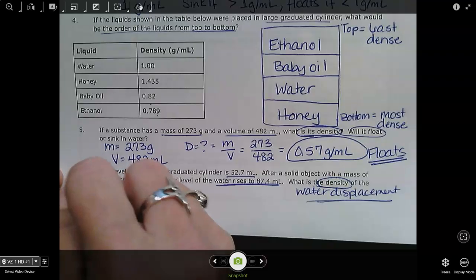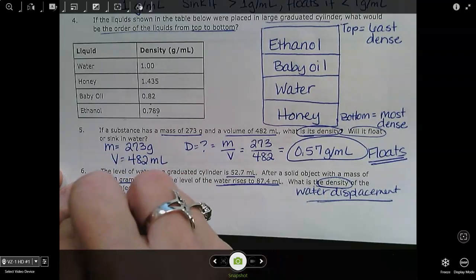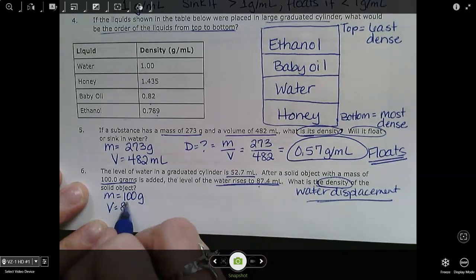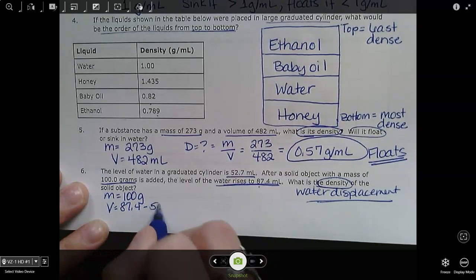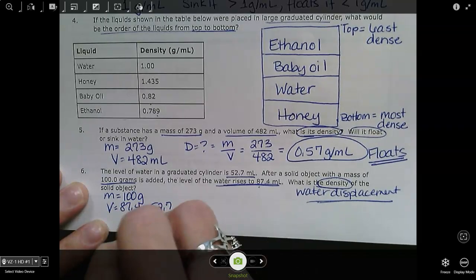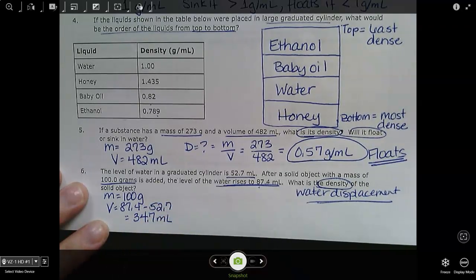So the mass was told to me to be 100 grams. To find the volume of my actual object, I'm going to take the final volume minus the initial volume. So it went to 87.4, but was at 52.7 originally. So that would make it a volume of 34.7 milliliters. Just subtracted.